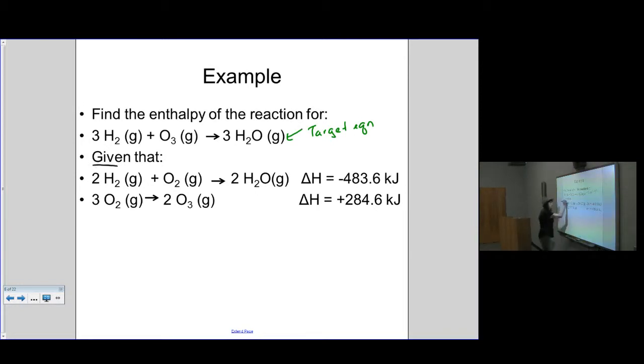You're given a couple of reactions, and you're going to manipulate them to make them look exactly like this target equation. In this case, we want 3 hydrogens and an ozone to form 3 water molecules. We know about hydrogen and oxygen forming water, and we know something about oxygen forming ozone. We can put these together.